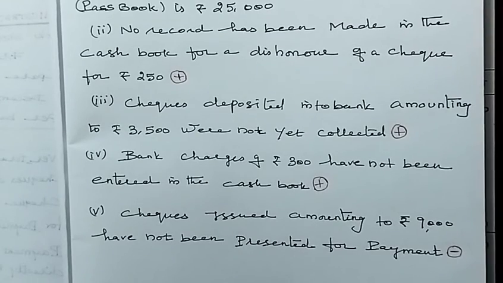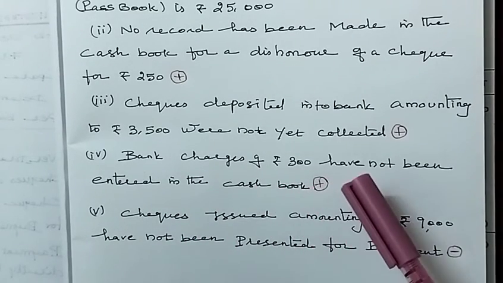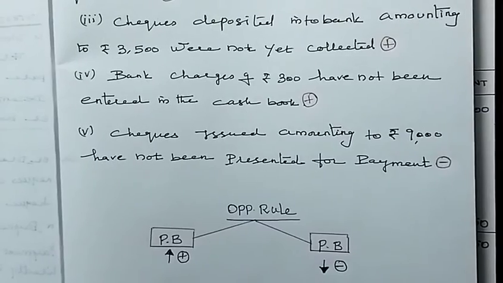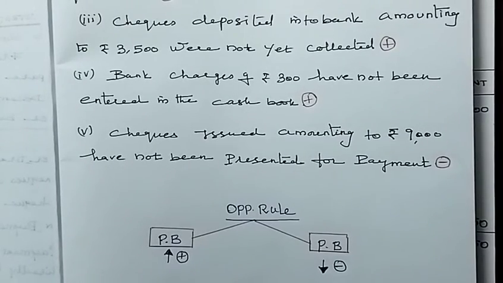The next transaction is bank charges of rupees 300 have not been entered in the cash book. Now let's understand this transaction in detail. The bank has to cover the cost of running the customer's account, right? So for that the bank has taken charges from its customer's bank account directly.